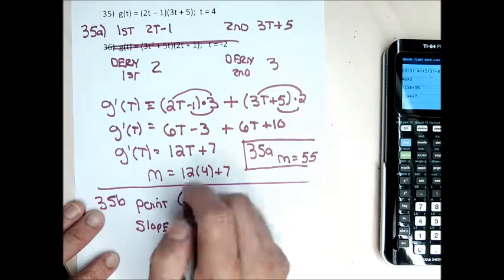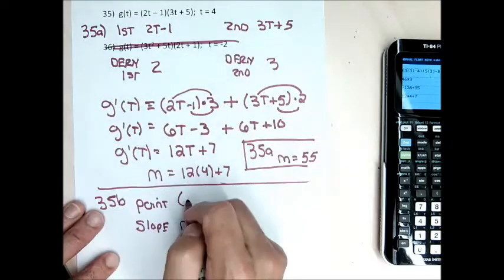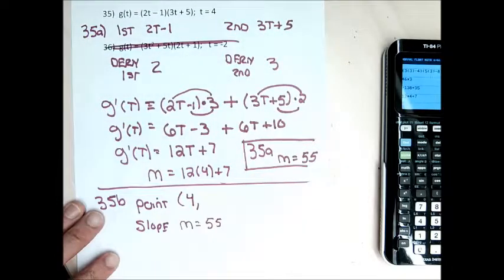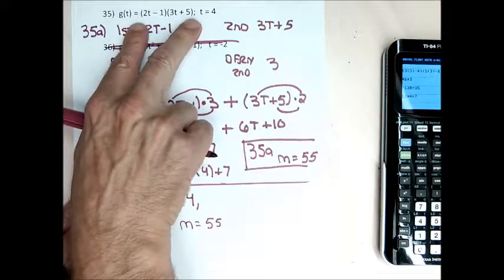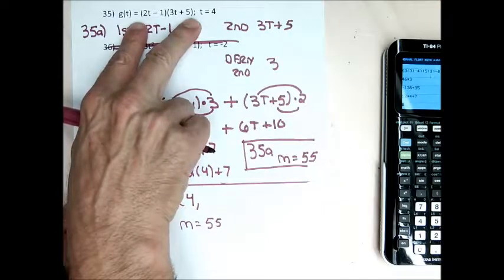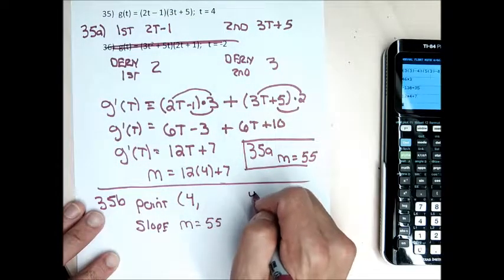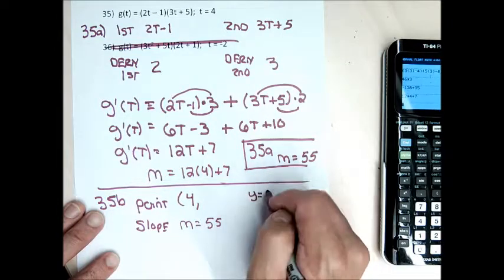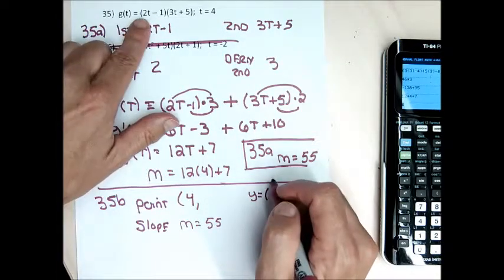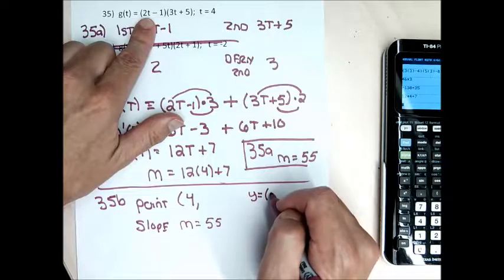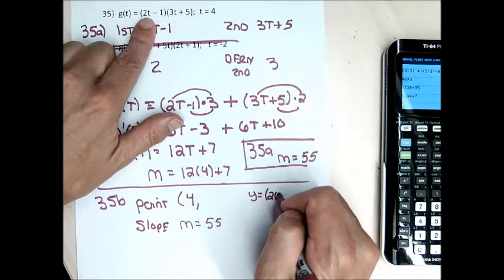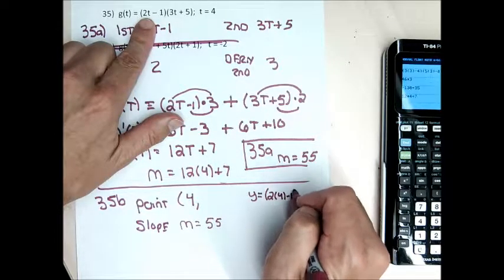The number that's given after the semicolon is the x-coordinate of the point. To get the y-coordinate of the point, I'm going to plug the value that's given into the original function. So I'm going to take each of these t's in the original function and change them to 4s.